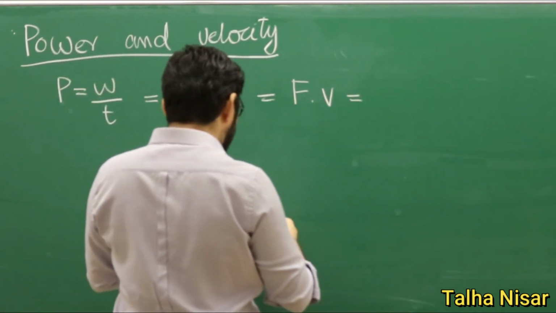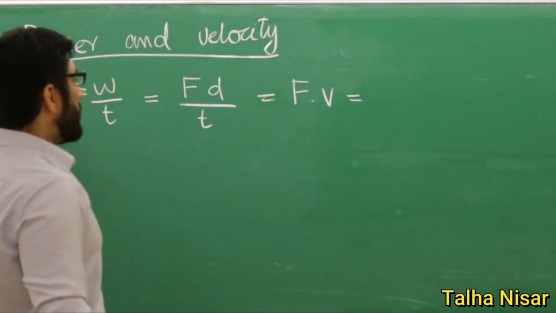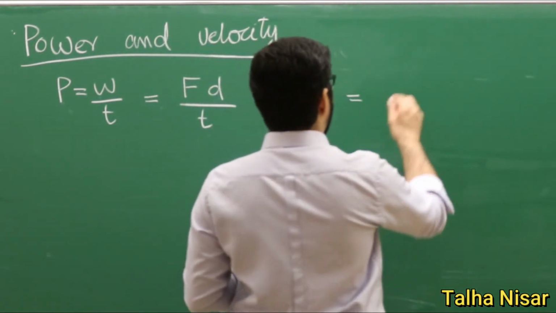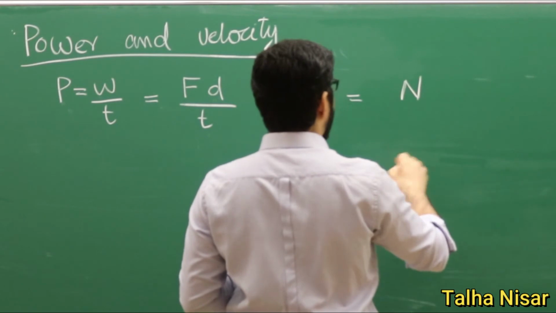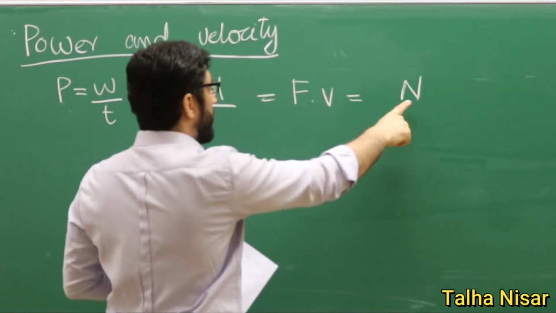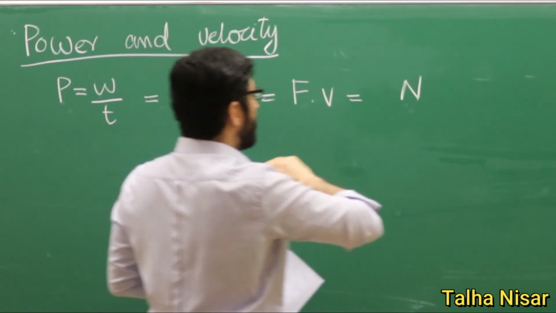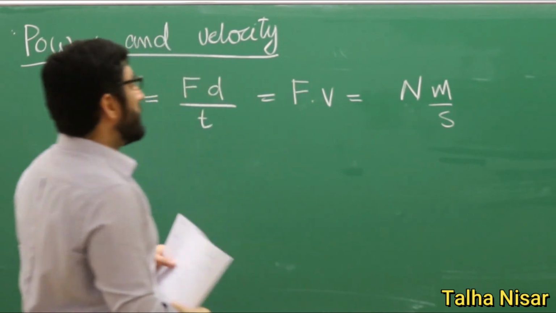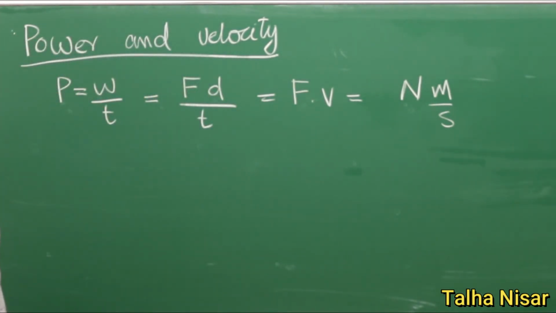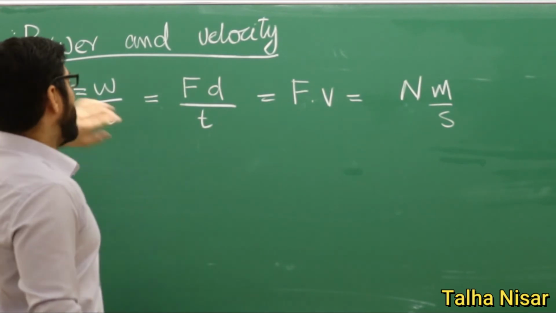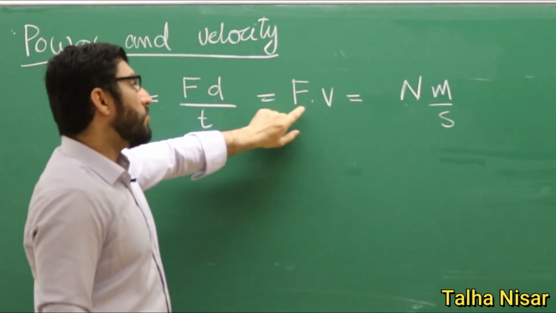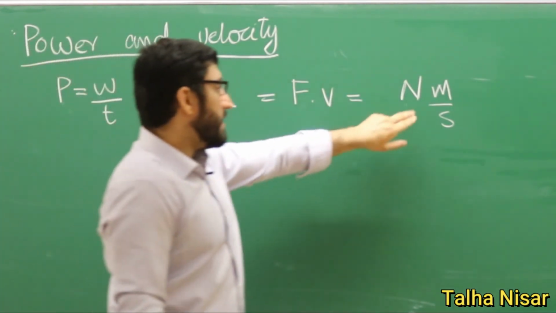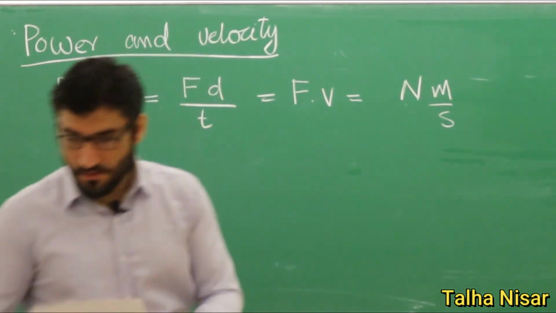So the power is also equal to the force multiplied by the velocity. The unit of the force is Newton, and the velocity has meters per second, so the unit is Newton meters per second.